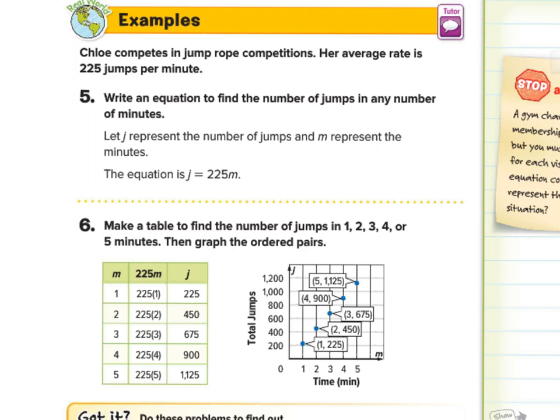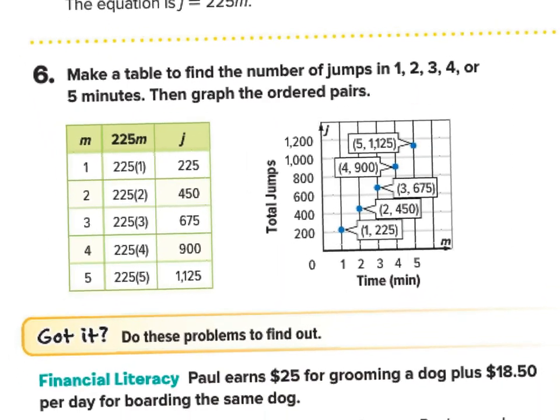If this is our rate of change, our slope, 225 over 1, then in minutes, it would have to be multiplied by the number of minutes. So let J represent the total number of jumps, and M represent the minutes. You see 225 jumps per minute, and you multiply those, and that'll give you a total number of jumps. That's pretty straightforward.